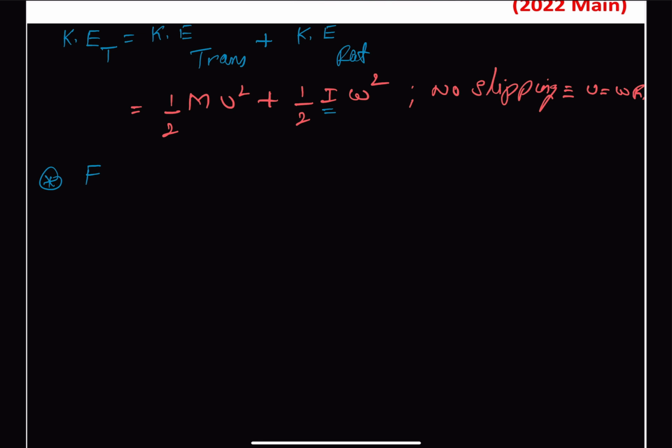For the solid sphere, the moment of inertia, Is, where S stands for sphere, is equal to 2 by 5 mr square.